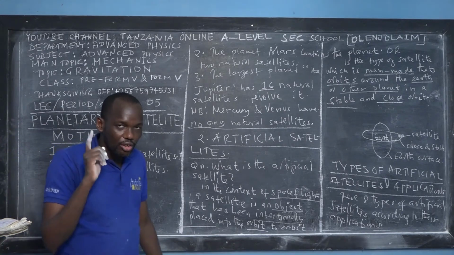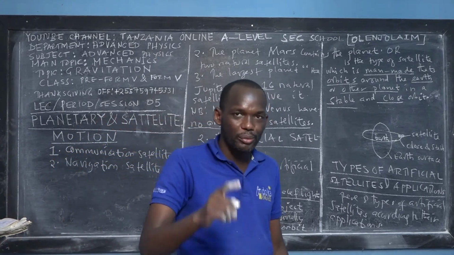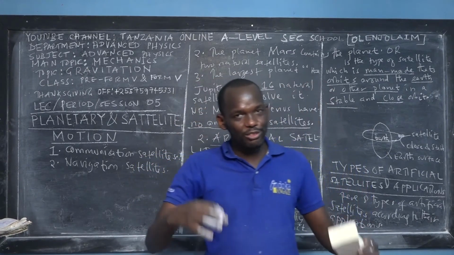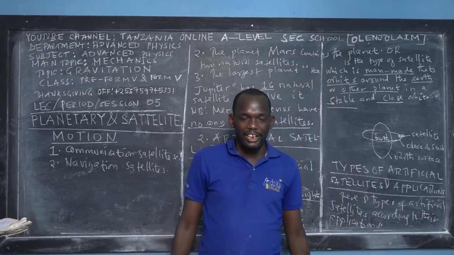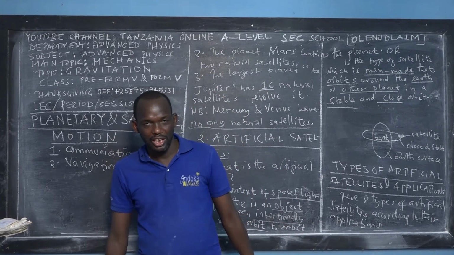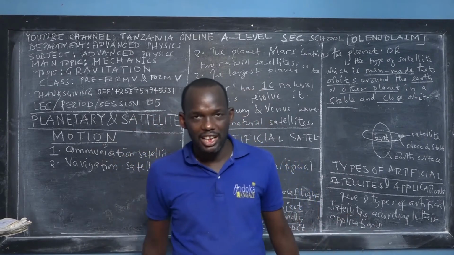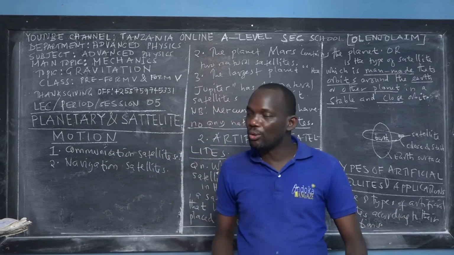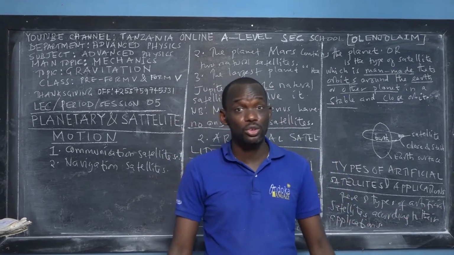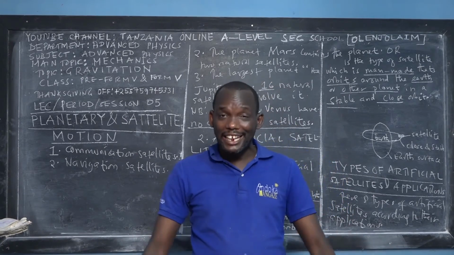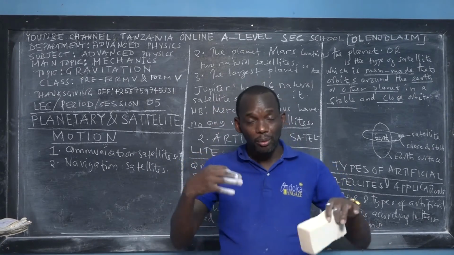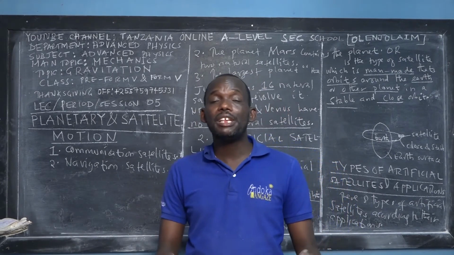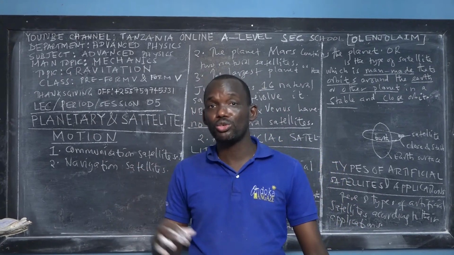If you're expecting to be a telecommunication engineer, an electronics engineer, a computer engineer, an electrical engineer, a biomedical engineer, or a computer scientist, make sure that you understand this subject of satellites, because it will be one of your undergraduate or diploma studies, especially at undergraduate level. So take this material seriously, don't throw it away.